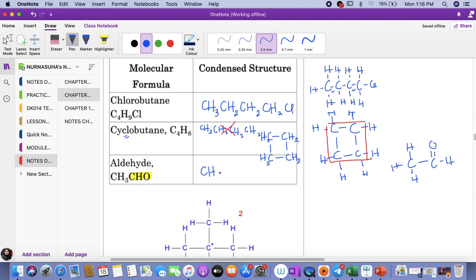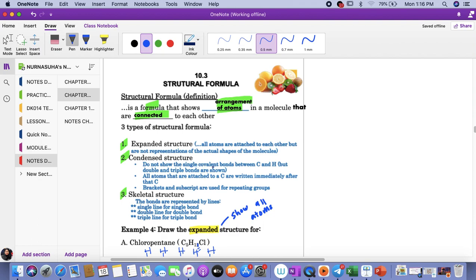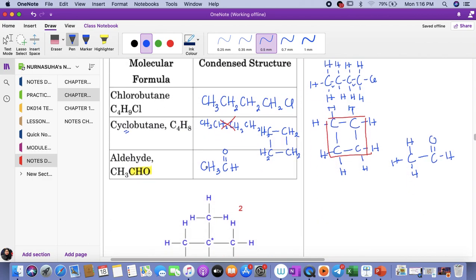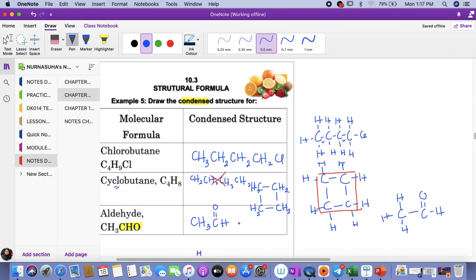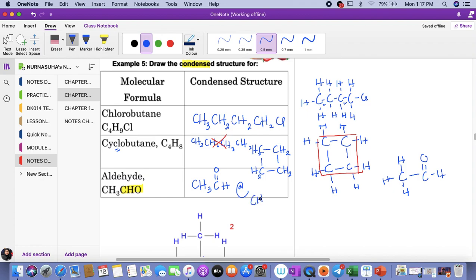The condensed structure for ethanal here is CH3, C double bond O H. Why must we show it? We hide single bonds, but let's read: do not show single covalent bonds, but double and triple bonds are shown. This means if there is a double bond, we show it. Or CH3CHO like this is also accepted. But not CH3COH, which is wrong because that one is alcohol.